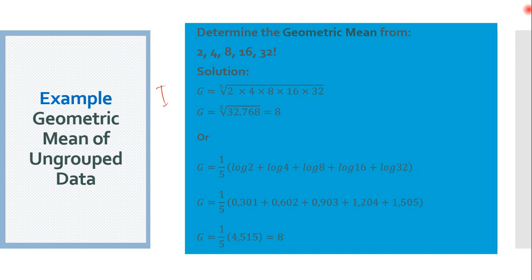So we can write it as this until we get this value. G is equal to the nth root. The n is 1, 2, 3, 4, 5, so the n is 5.